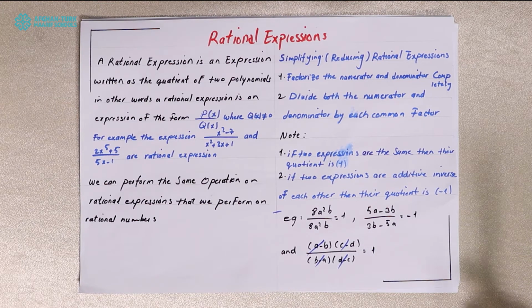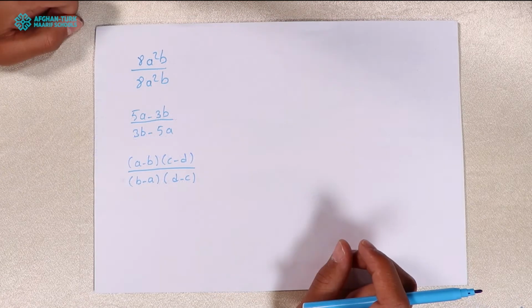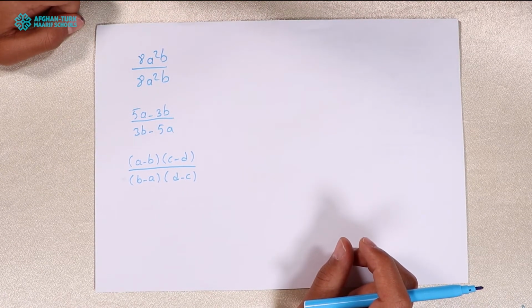I'm going to teach you why they are 1 and minus 1. And also this rational expression, a minus b times c minus d over b minus a times d minus c, is equal to 1. As we studied on the previous page, if two expressions are the same, then their quotient is 1.